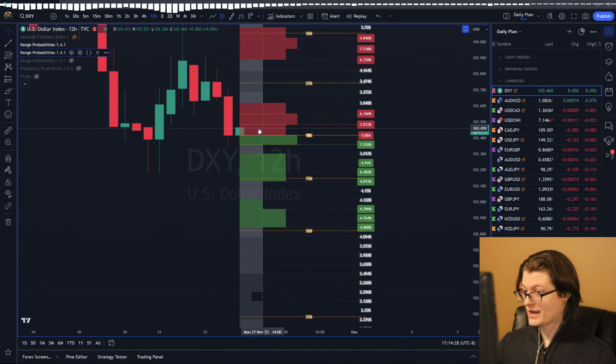And then you have a small trough that still has considerably a high probability density. And then you have another moderate peak right here. And what's nice about this indicator is that it'll actually show you visually where the probabilities increase, where the probabilities decrease, and where they are most dense by giving them different color highlights.